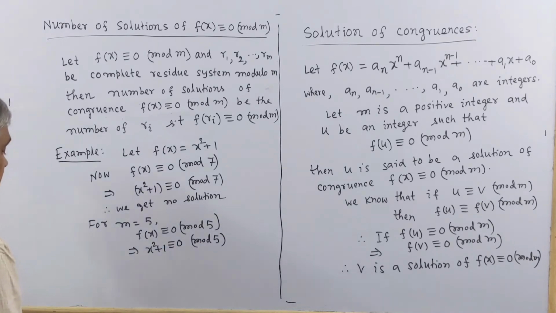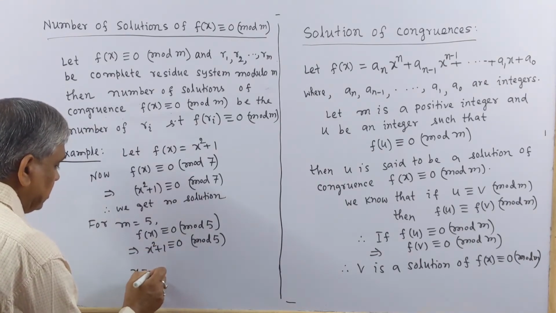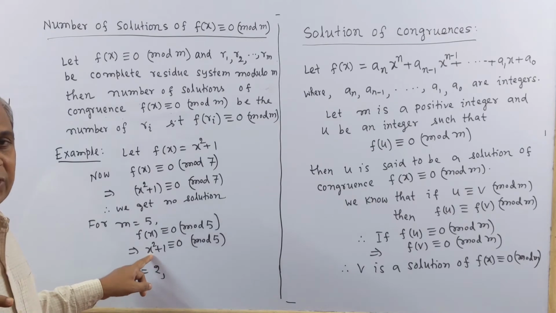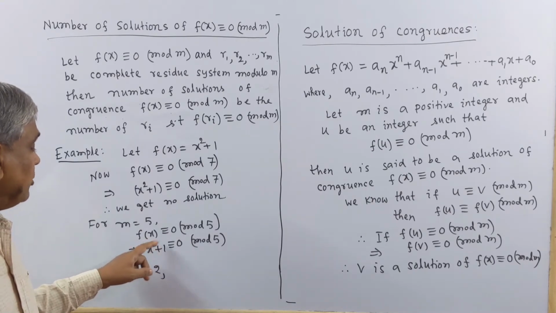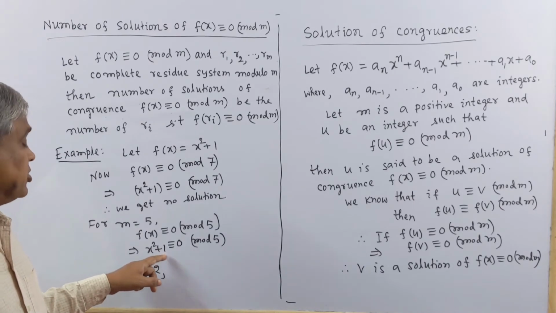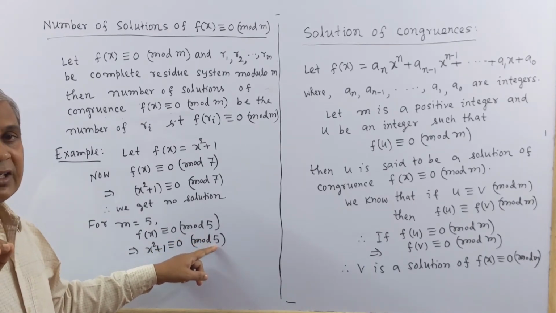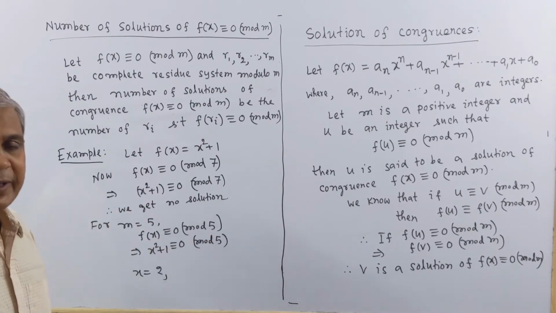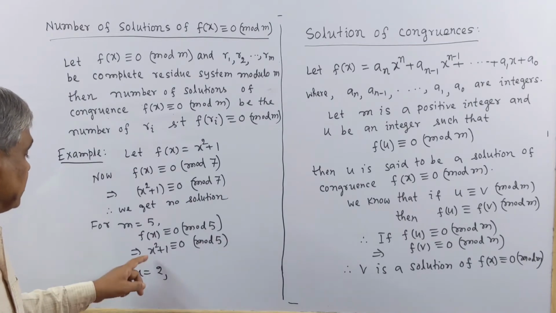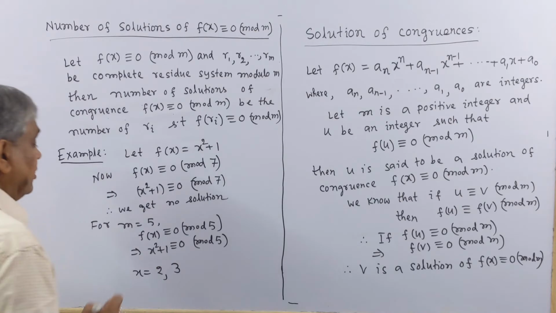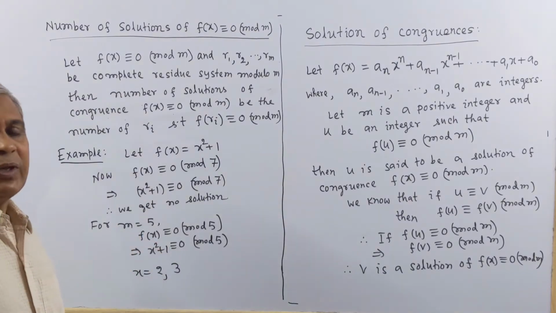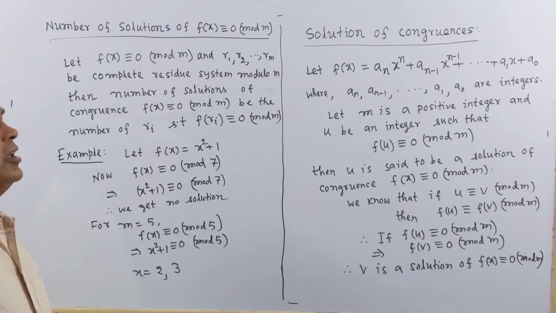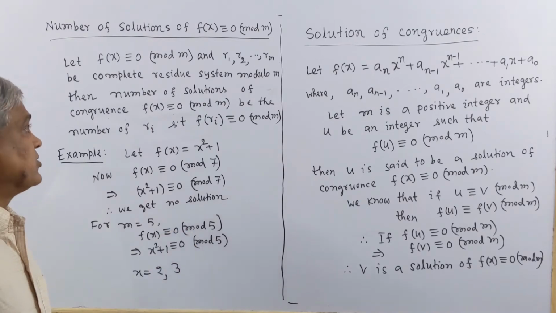Therefore, one solution is 2. Again, if we take x equal to 3, 3 square means 9 plus 1 equal to 10, which is divisible by 5. That means 3 is another solution of this congruence, and we get two solutions, 2 and 3, of this congruence.